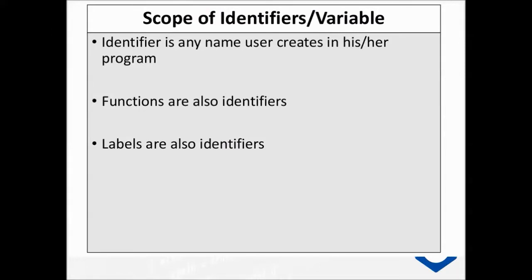So now we see scope of identifiers or variables. An identifier is any name a user creates in his or her program. For example, functions are also identifiers, and if we insert any type of labels, these labels are also called identifiers.